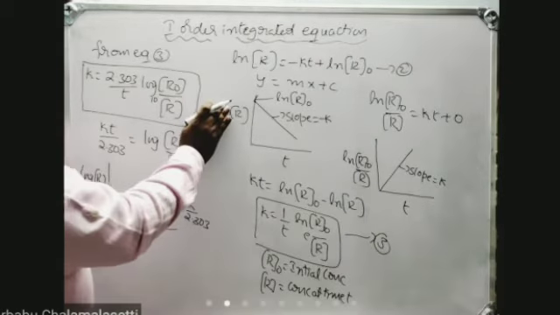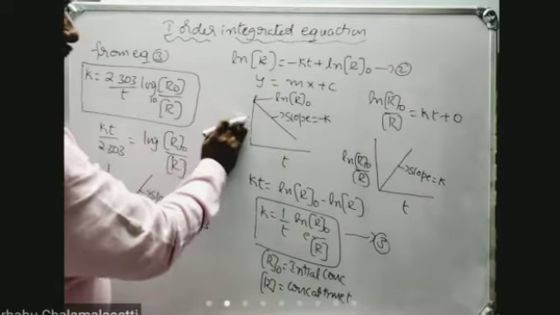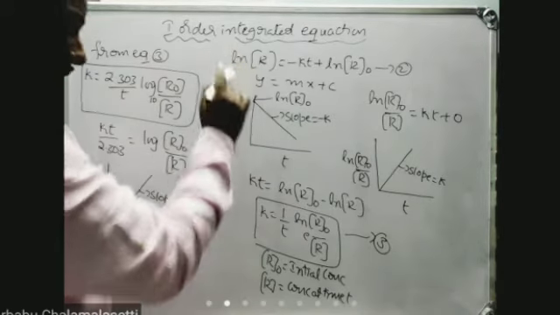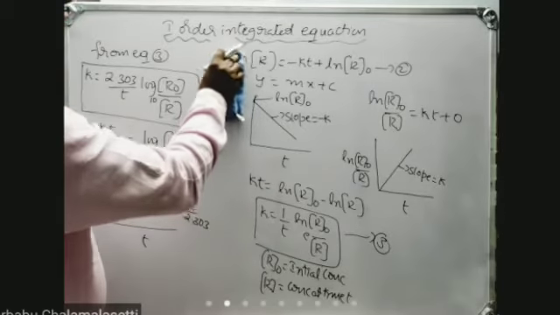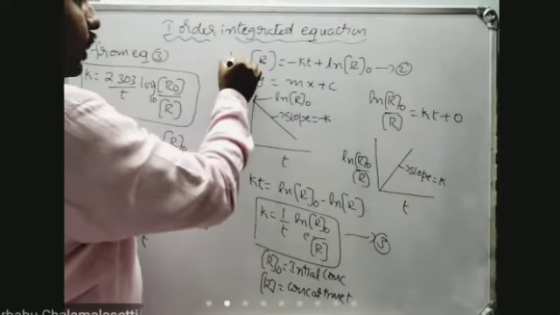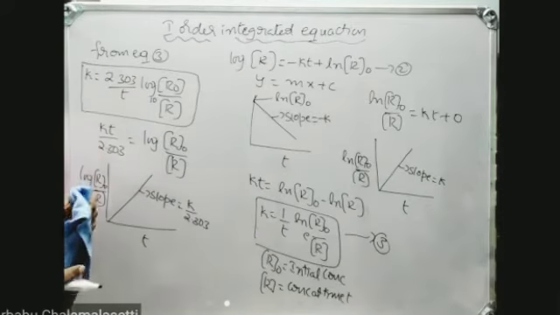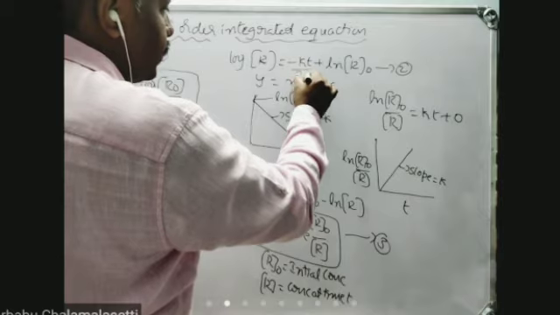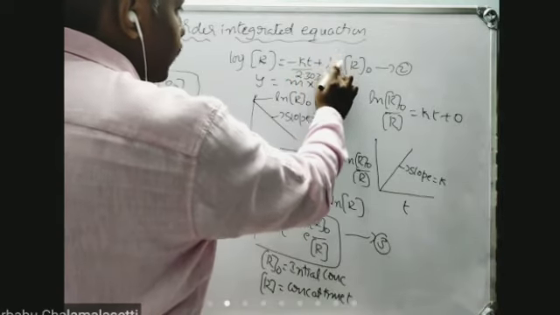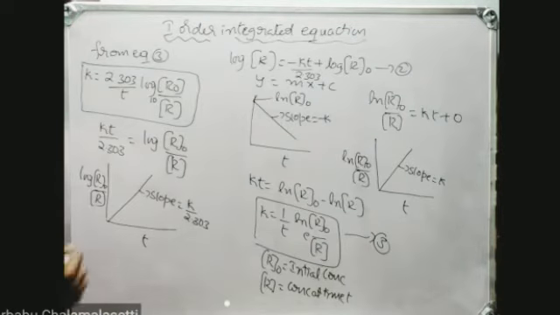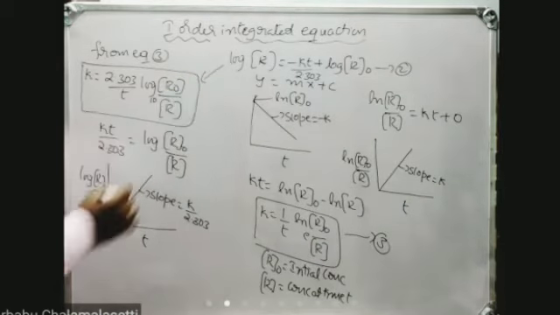In this case also, instead of ln, if you take log, we have to divide by 2.303. From this we got this formula.